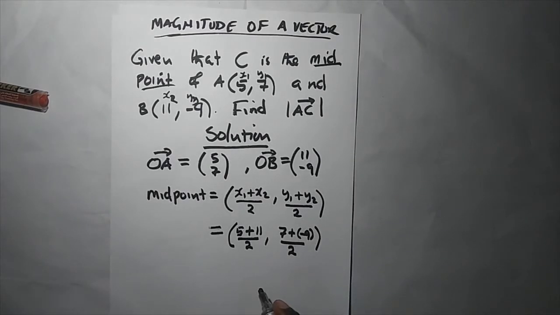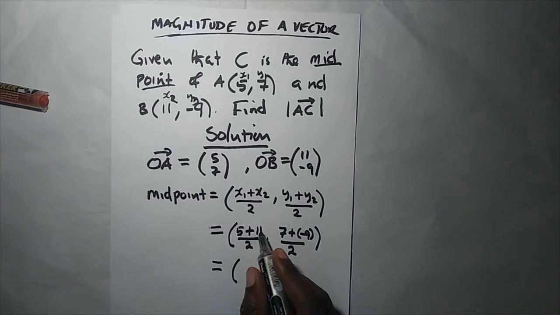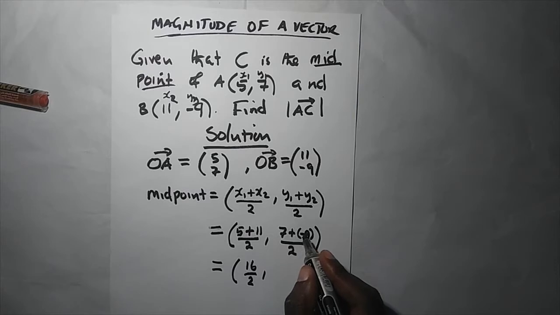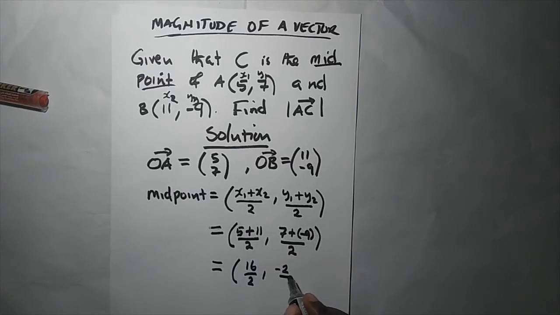Here we are going to simplify this. We have 5 plus 11, which is 16, over 2, and 7 plus -9, which is the same as subtracting, 7 minus 9, you get -2, over 2. And so our midpoint is going to be 8, -1.